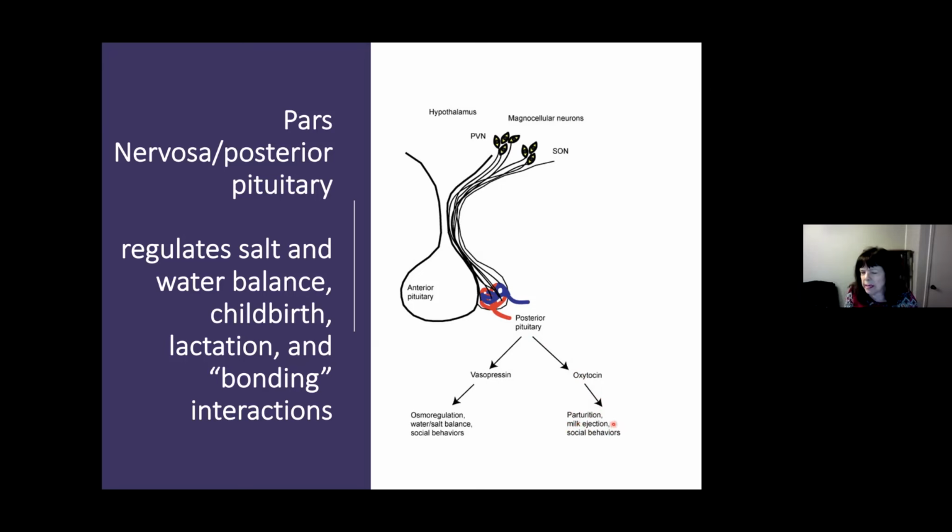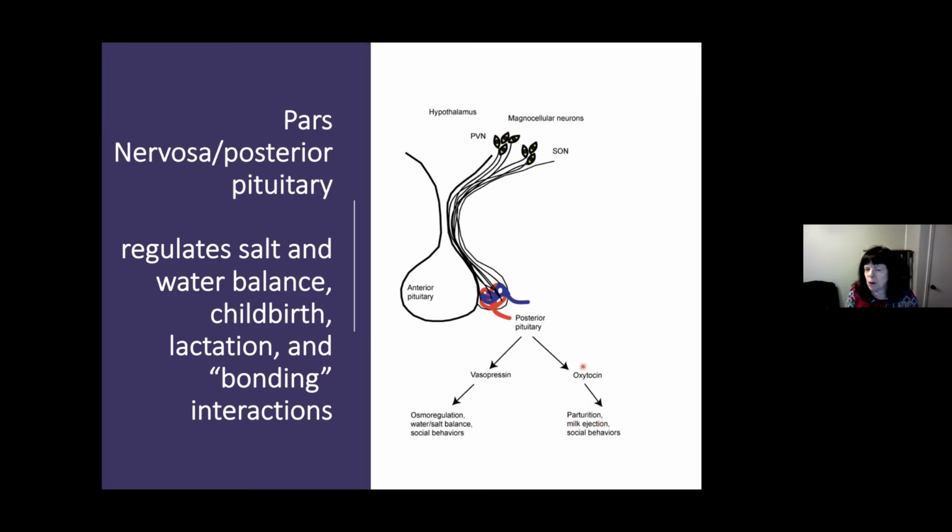Oxytocin is also released at the time of suckling, lactation. And so what oxytocin does is squeeze the ducts of the mammary gland so that milk can go into the ducts, squeezing cells around the gland itself, just to squeeze the gland to put milk into the ducts.